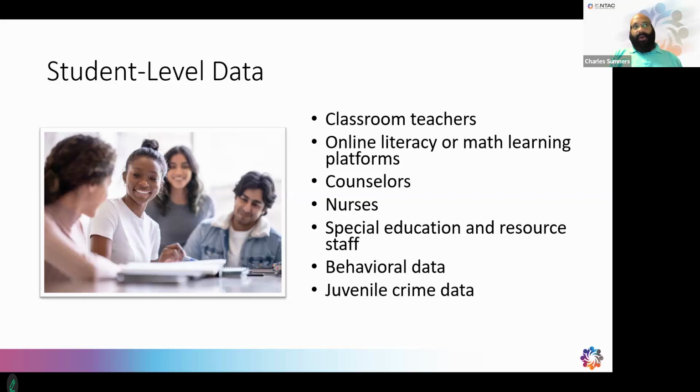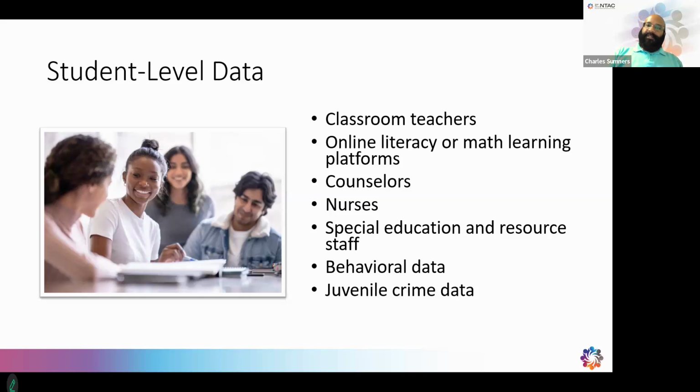And while it might be a little more challenging to collect this data for a new program, collaboration with your school partners and your community organizations will be essential for identifying the students you plan to serve and tailoring your program to meet their specific needs.